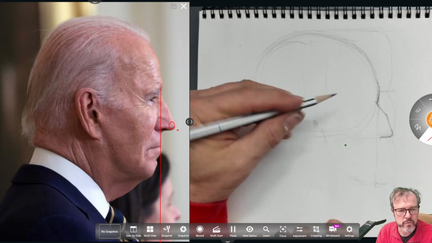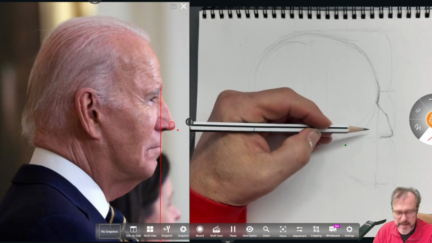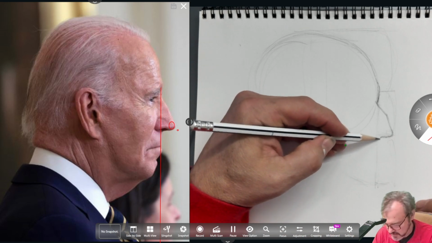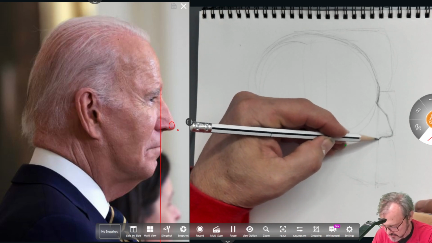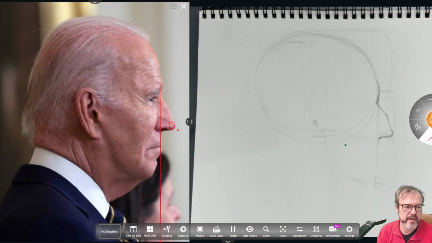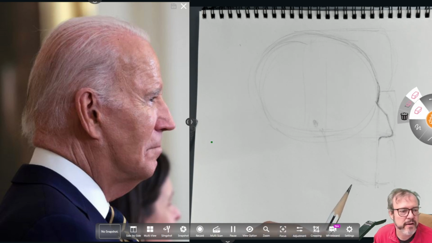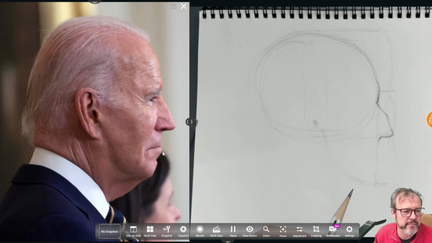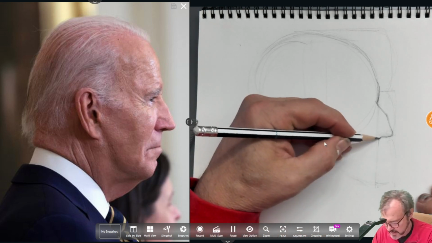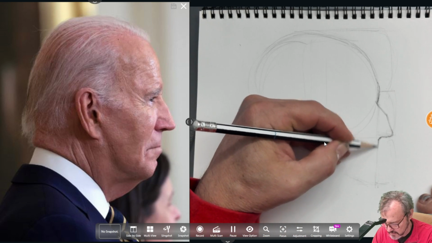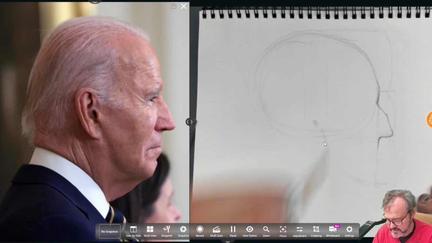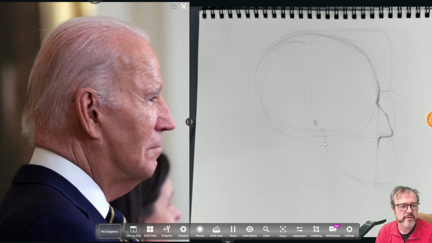And that is partly what gives him a kind of aged look, because he still has his front teeth, but you notice how his upper lip is receding behind his bottom lip, and that is typical of somebody who's actually lost their front teeth. So it partly makes him look older than he is.